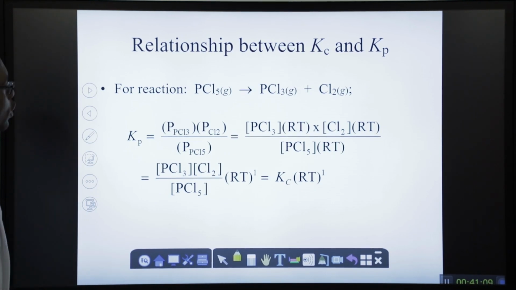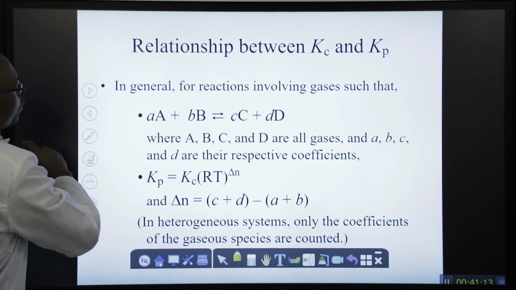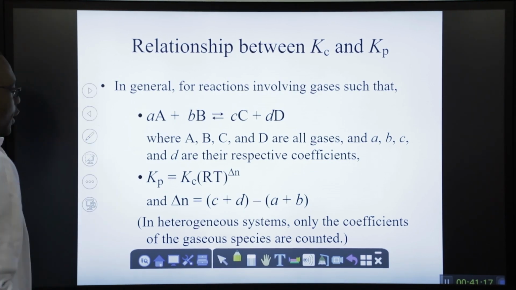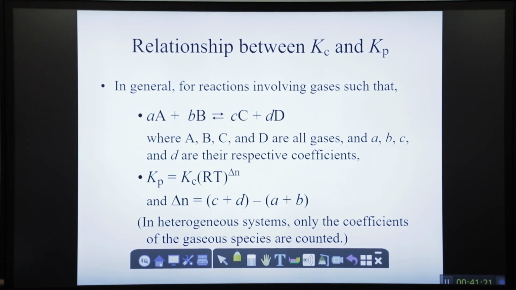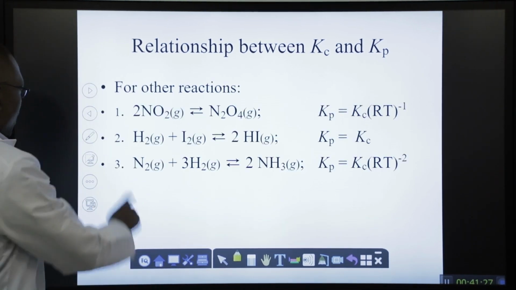We are not going to spend more time on that, but you will see that these relationships do help us to understand how heterogeneous systems work, of which at your stage we are not going to go much into that.